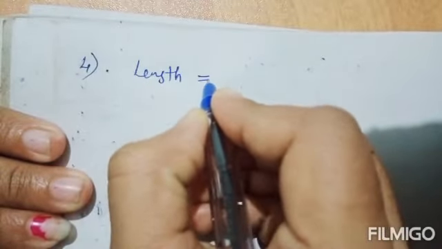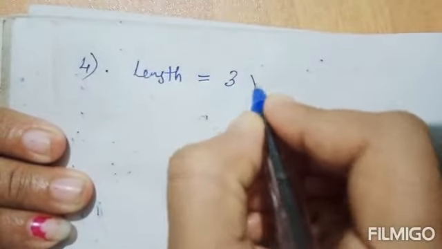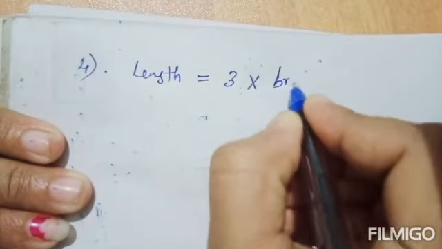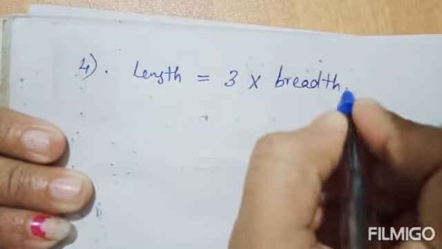Now in that fourth question, the length of a rectangular field is 3 times its breadth. If the breadth of a rectangle is 3 1/2 meter, find the perimeter of the rectangle. So here first it is given length of a rectangle, it is 3 times its breadth, that is 3 into breadth.